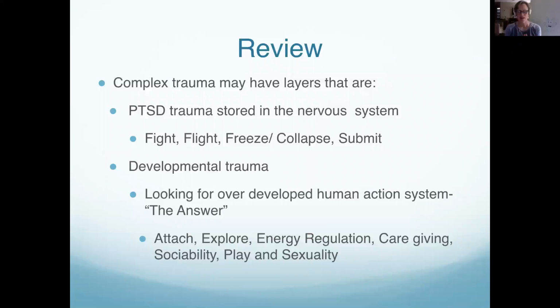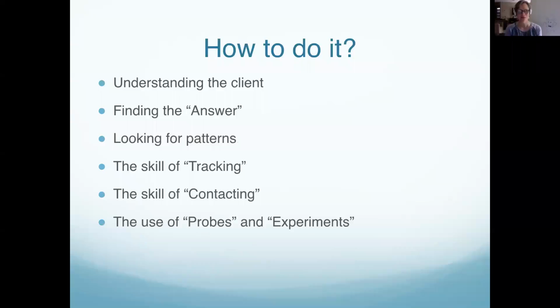Some of those areas are attaching to others, exploring, energy regulation, caregiving or nurturing, sociability, play, and sexuality. Looking at your clients in those different ways of being a human can be very helpful.